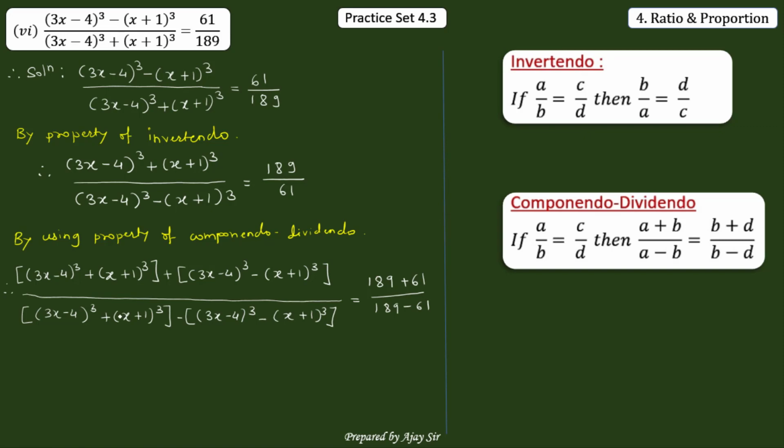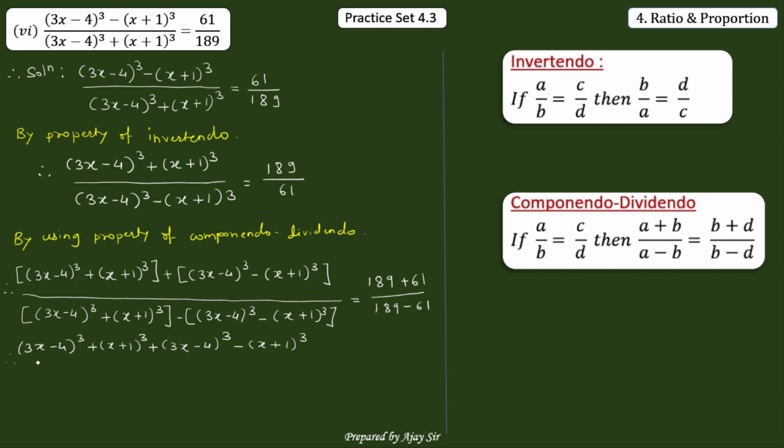Now remove the square brackets. If there is a plus sign outside, no sign will change. Therefore this is (3x minus 4) bracket cube plus (x plus 1) bracket cube, plus (3x minus 4) bracket cube minus (x plus 1) bracket cube.